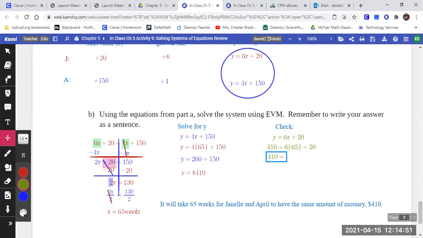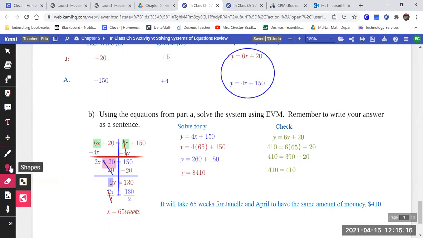What is 6 times 65, please? 390. Okay. And if we add the 20 to the 390, what do we get? Happiness, right? We get to say check. It worked out.